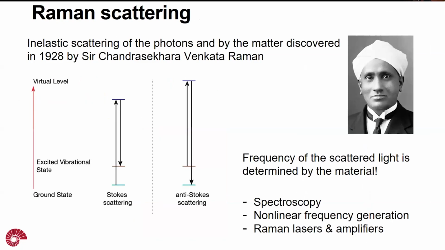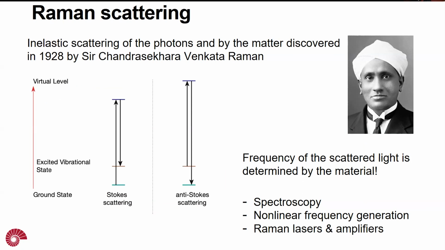In Raman scattering, we have inelastic scattering of photons with the material. It was discovered by Chandrasekhara Venkata Raman, one of my favorite scientists. And what happens is when you shine light onto any medium, because of the medium, the frequency of the light will change. Okay? And this frequency shift is material dependent.